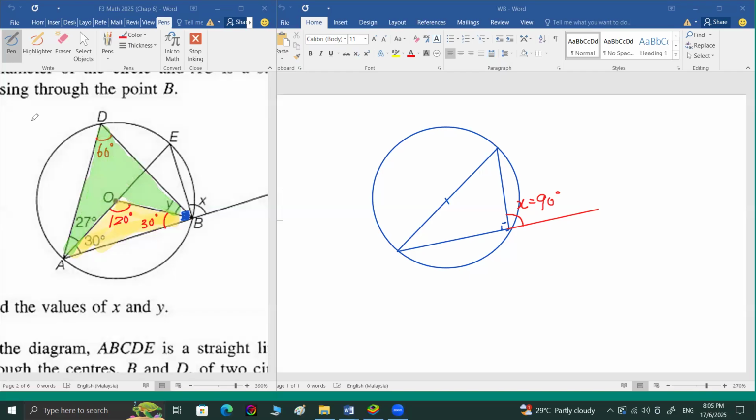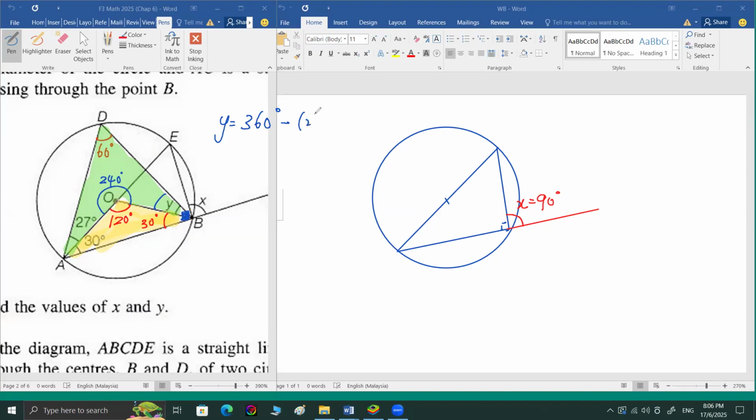Quadrilateral, what is the total angle? 360, right? So what do you get from here? 240, yes. So you can get y already, right? How to get y? Just like I said, the green arrow is a quadrilateral, which means 360.